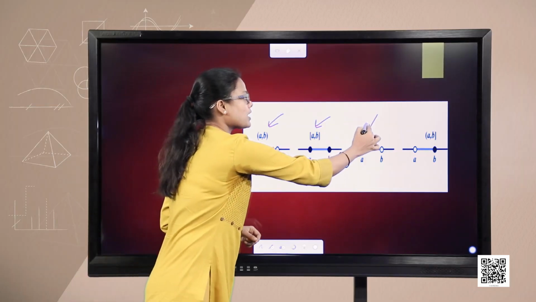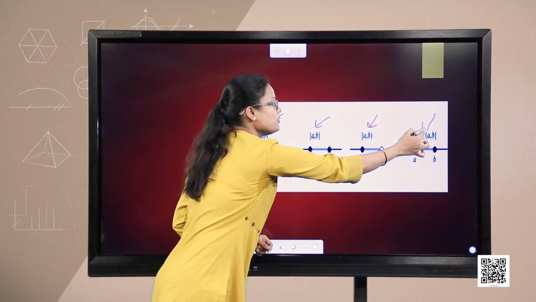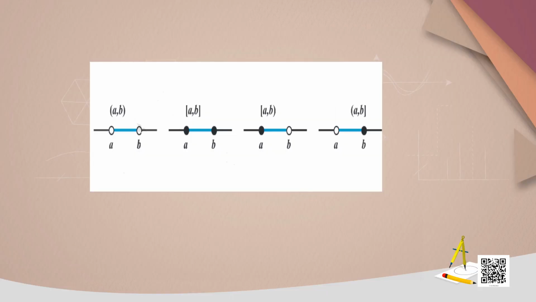These two are semi-open and semi-closed intervals. Now it is clear that in this interval, A point is included, but B point is not included. And in the last interval, which is semi-open and semi-closed, A point is not included, but B is included.